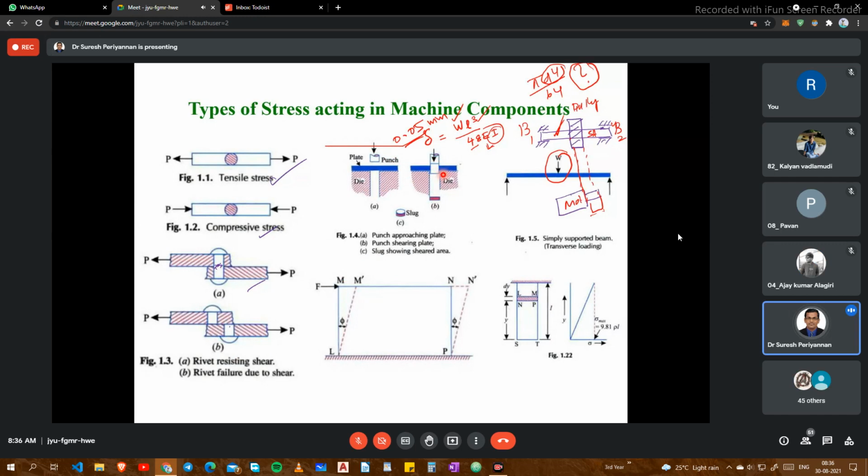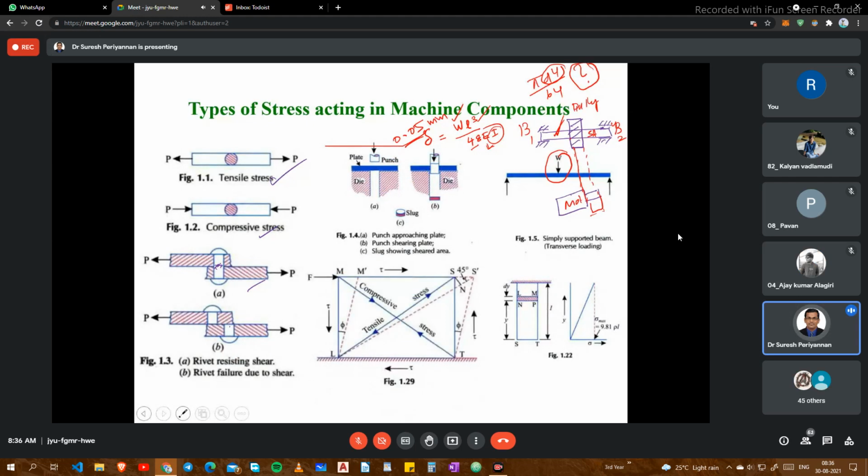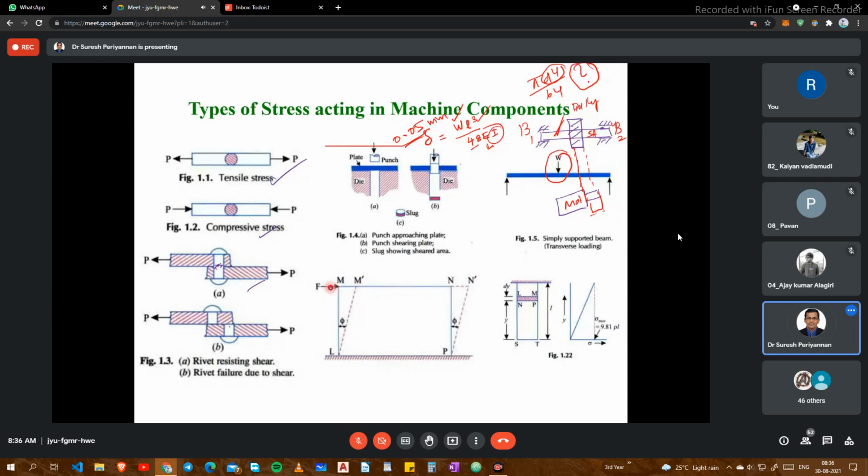Now, come to the next. This you might have studied in your earlier semester. Here, when the bar is subjected to shearing force, the diagonal M and P is subjected to deformation.